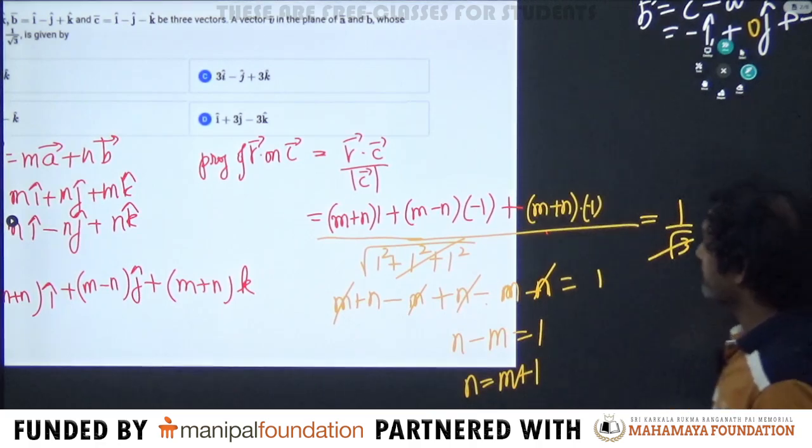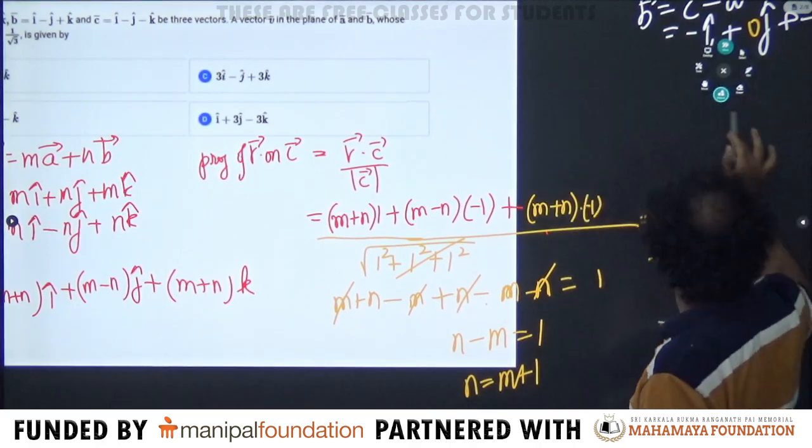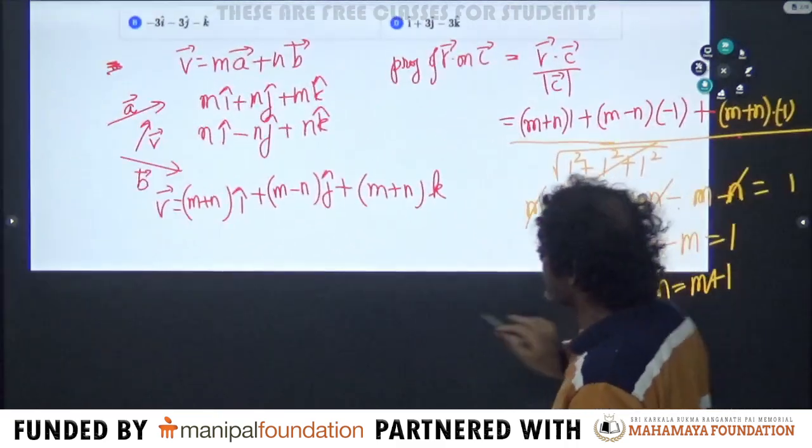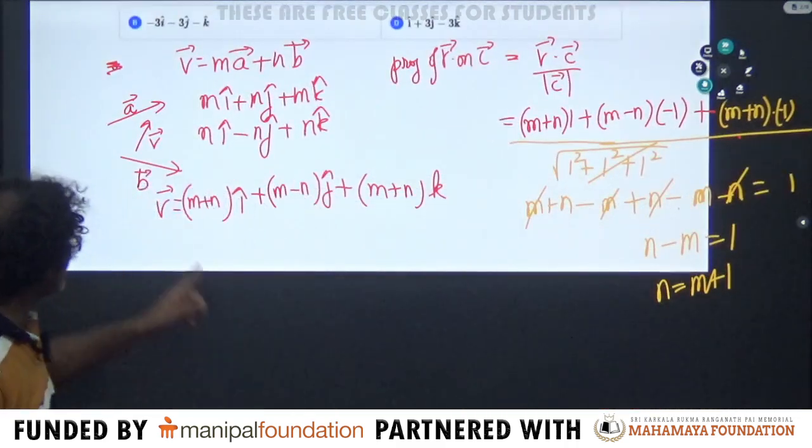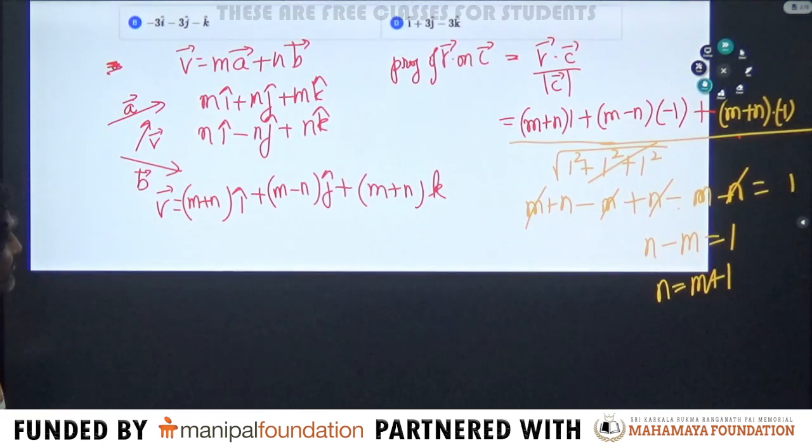So wherever m is there, in place of n you put m plus 1, and then simply assume m as 1.